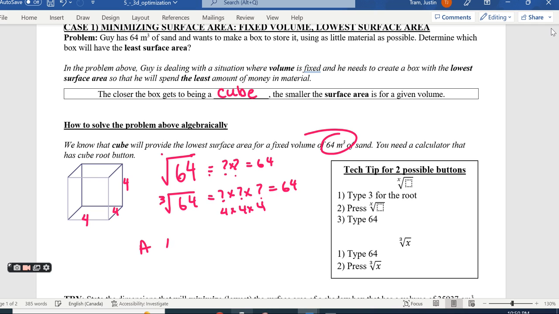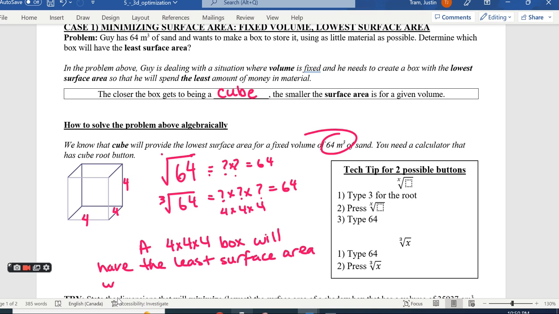So a 4 by 4 by 4 box will have the least surface area with 64 meters cubed of sand. And we're done.